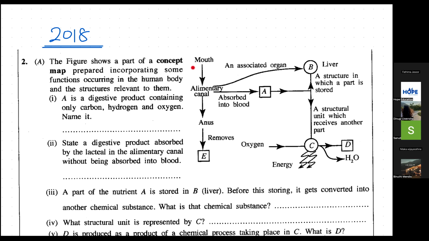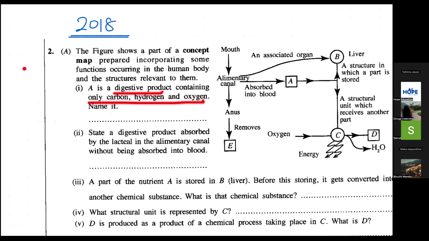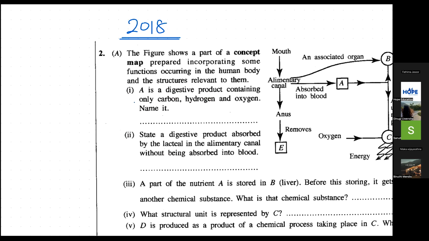So this is a digestive product containing only carbon, hydrogen and oxygen. Only carbon, hydrogen and oxygen කියලා කිව්වම carbohydrates or lipids. So carbohydrates වල end product එක monosaccharides and lipids වල end product එක fatty acids and glycerol. ඒවා තමයි carbon, hydrogen, oxygen තුන විතරක් තියෙන්නේ.